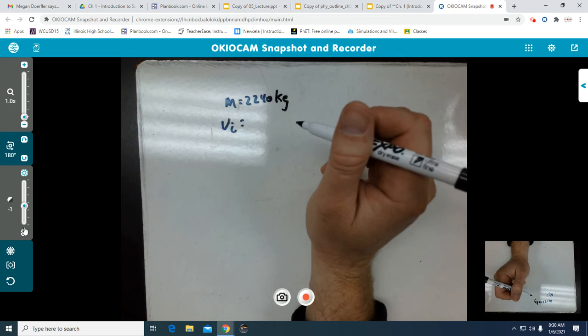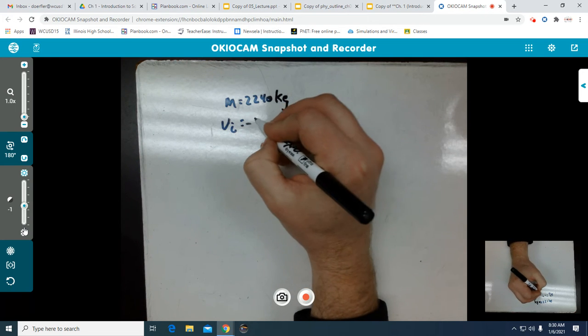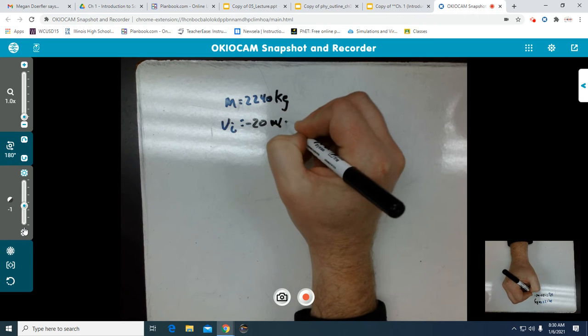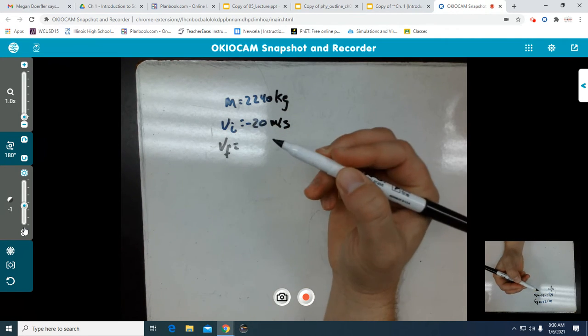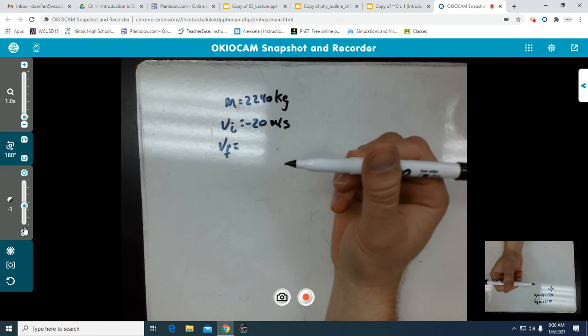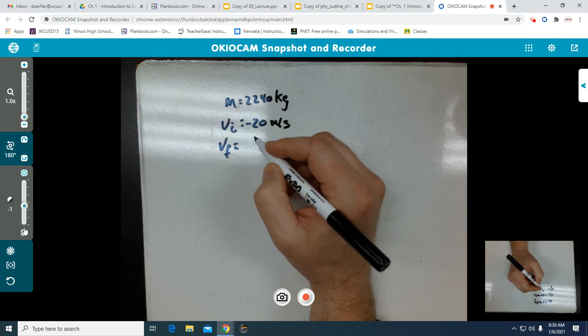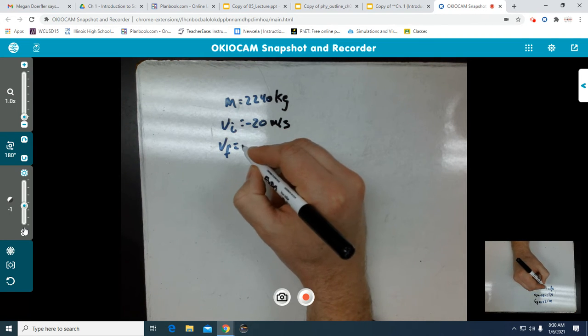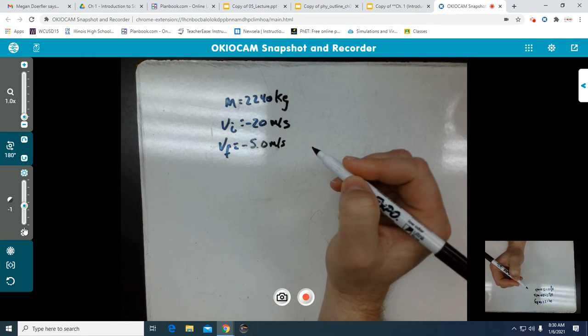Since it was 20 meters per second to the west, it's going to have negative 20 meters per second. The final velocity, according to this problem, the car is still traveling west, and it doesn't quite stop all the way. It slows down uniformly to 5.0 meters per second west, or negative 5.0 meters per second.